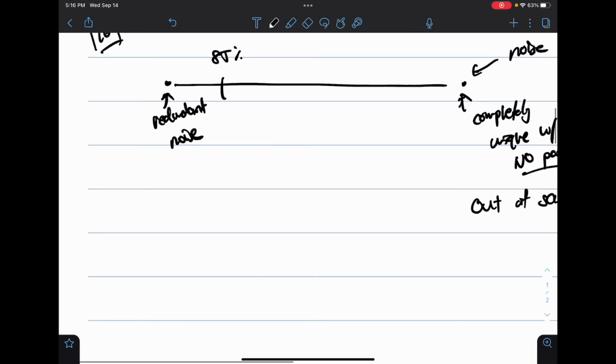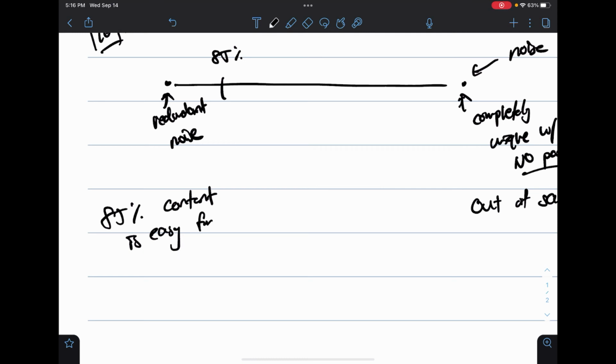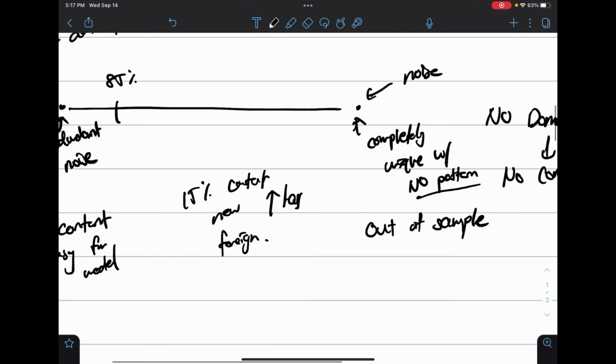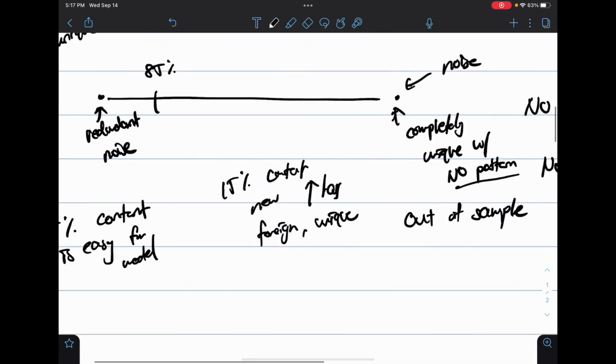When they trained the model where 85% of the content they already know, 85% of content is easy for the model, and roughly only about 15% of the content is new, it has a high loss. They don't know this, it's foreign, you could call it unique. They haven't seen that before.